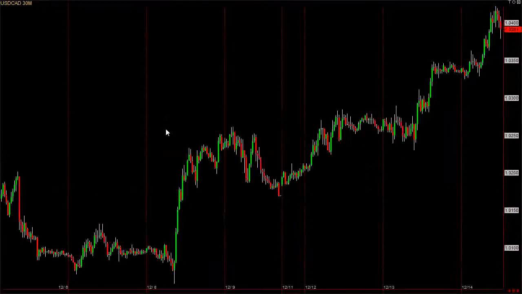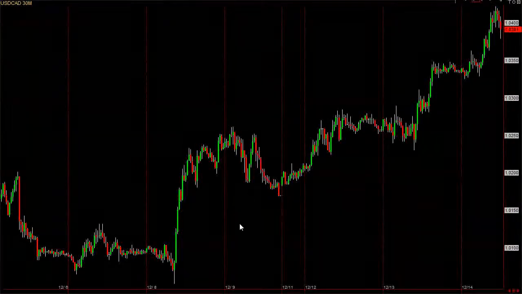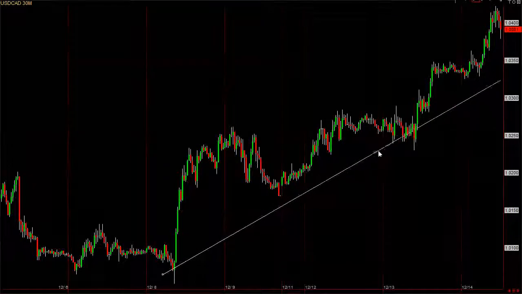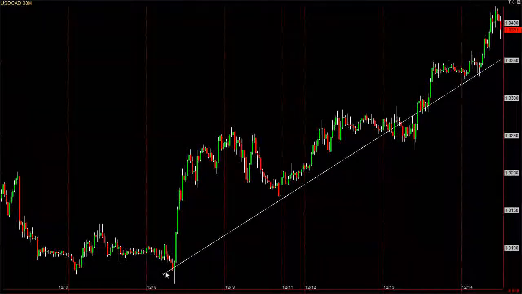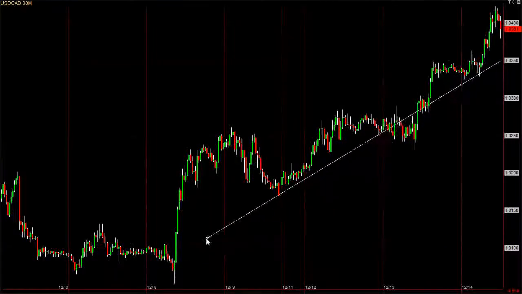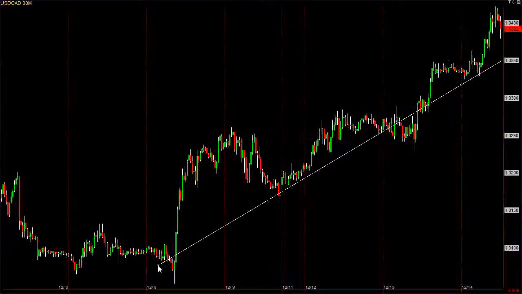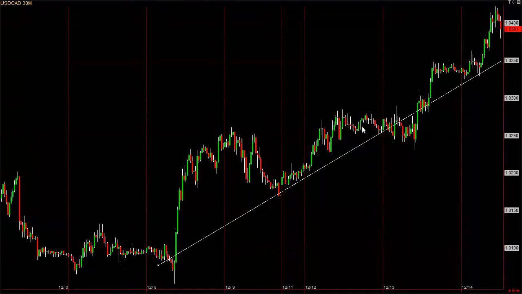Here's dollar CAD, which is another one that made a big move. Trend lines. Sometimes currencies shoot up so much that the trend line isn't always appropriate, but you don't want too much of an angle on there.